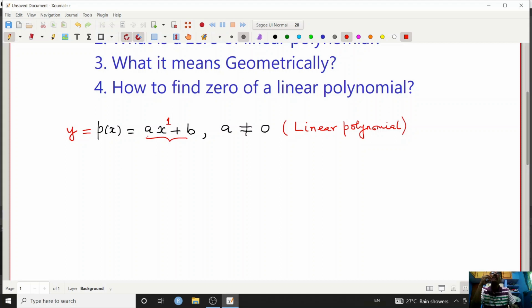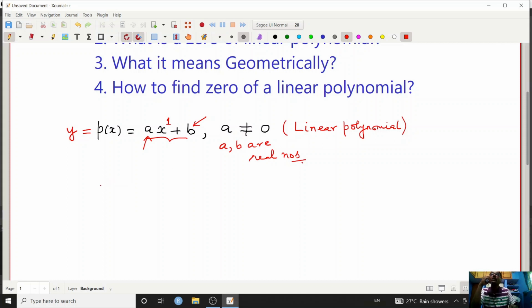You can give any non-zero value to a, and any value to b, where a and b are real numbers. And remember that a is not equal to 0.